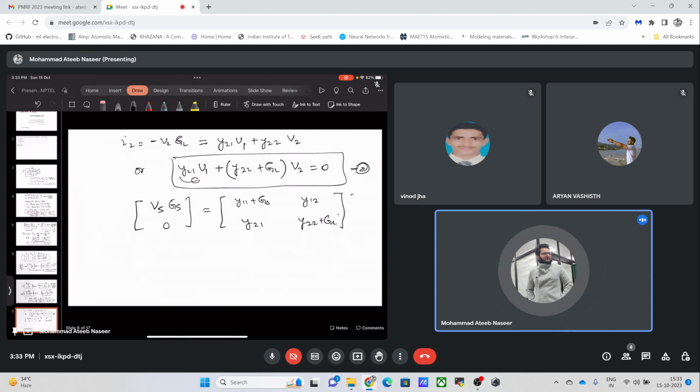This whole thing is multiplied by the column matrix, which is V1 and V2.